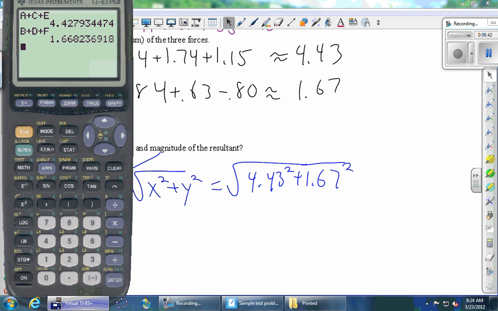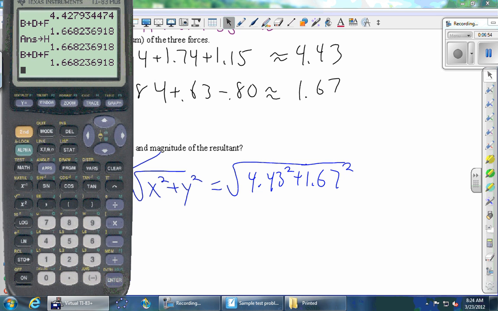Probably should have stored these numbers. So let's store the second one right here, as H. And then I want the first one, and we'll go ahead and store that one as G.